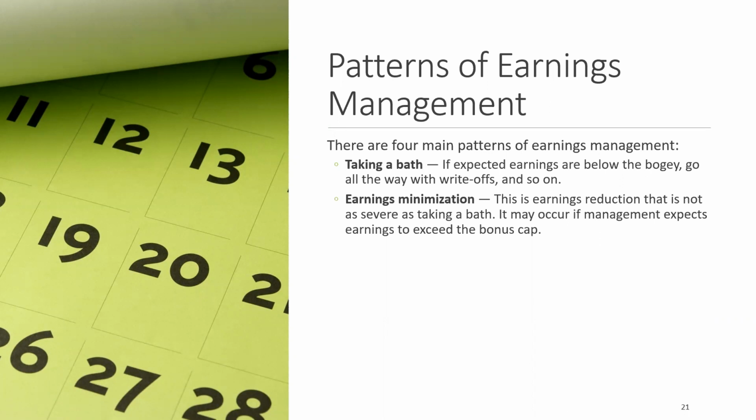So generally that happens when it's very clear that our earnings numbers are going to be below the bogey. Remember we talked about bogey and cap? Bogey is the minimum income that the company has to earn before the managers receive a bonus. If as a manager, I know that I'm going to miss my bonus this year because my earnings numbers are not going to be high enough, and there's no way that I can pump up the earnings number to go above the bogey, then this would be the year to take a bright royal bath, clean up house, right?